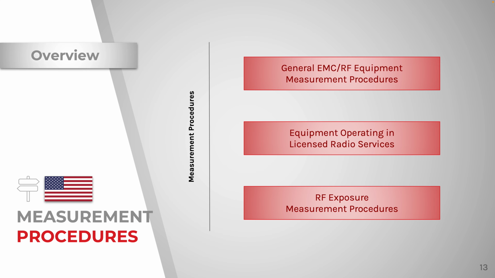The measurement procedures can be classified as general EMC and radio equipment measurement procedures for unlicensed band operations, equipment operating in licensed radio services, and RF exposure measurement procedures for the measurement of the strength of electromagnetic fields. When making measurements to demonstrate compliance with the FCC rules, it is required to use the appropriate measurement methods as specified in the particular section of the FCC rules.